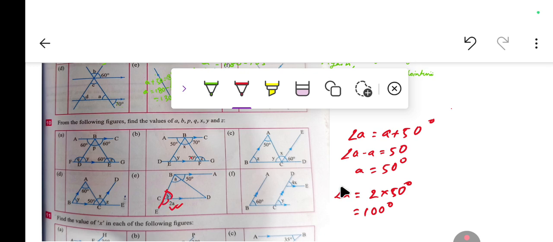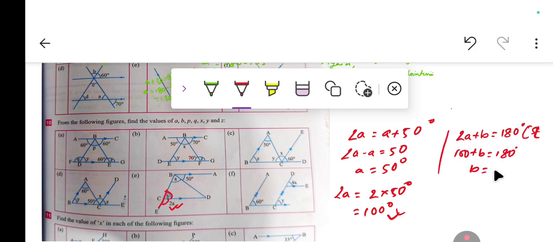So 2A plus B will be equal to how much? 2A plus B will be equal to 180 degrees, being a straight angle. 2A we have just taken out, that is 100. So 100 plus B is equal to 180, whereas the value of B will be equal to 180 minus 100, which is 80 degrees. So we can get the value of A, B and 2A.